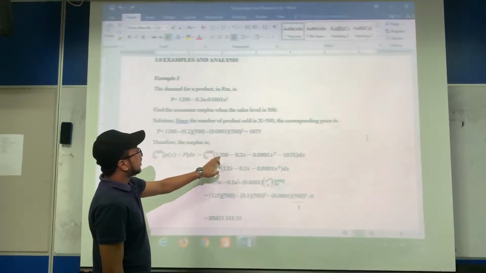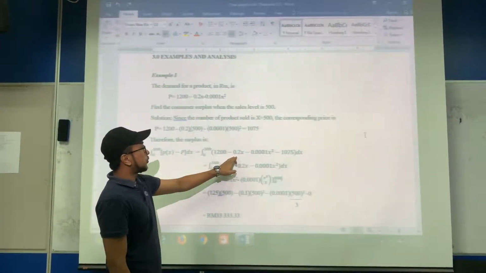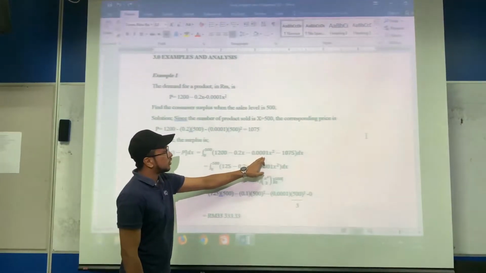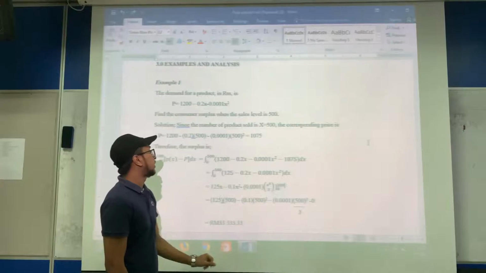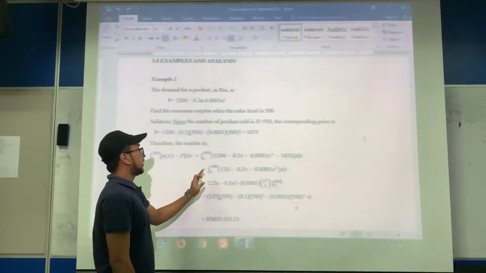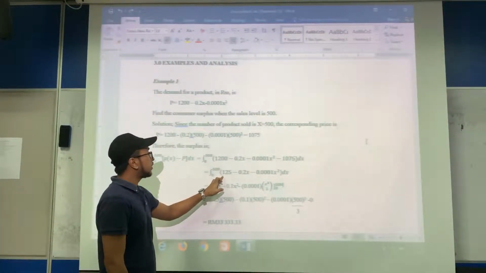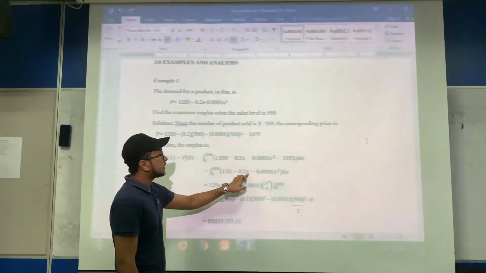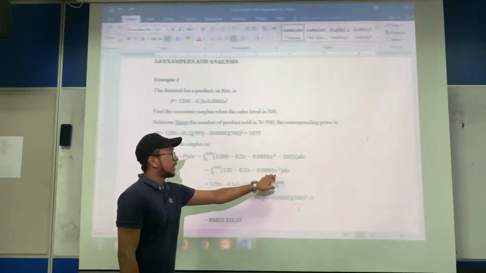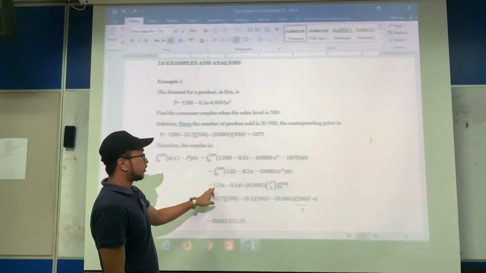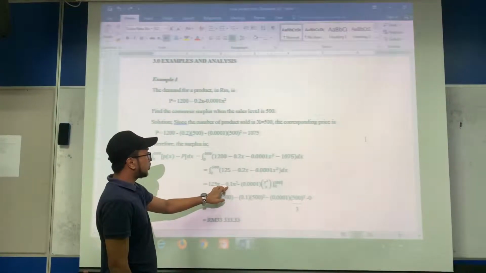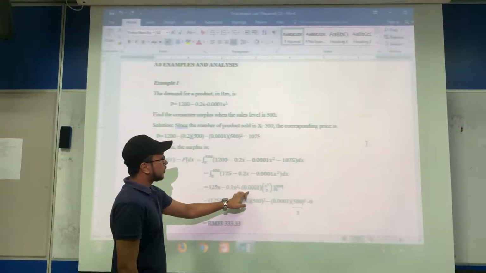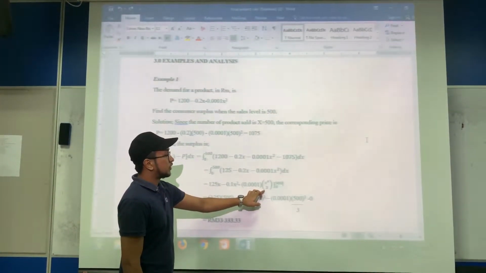Therefore, we will get 1200 minus 0.2x minus 0.001x squared minus 1075. We will get a new function, integration 0 to 500, 125 minus 0.2x minus 0.001x squared. Therefore, we do the normal integration, which gives 125x minus 0.1x squared minus 0.001x cubed over 3.